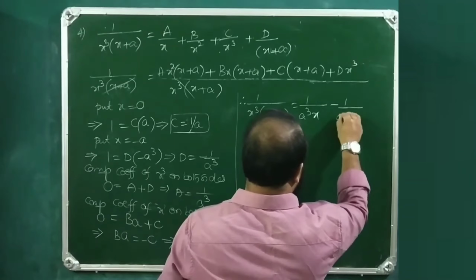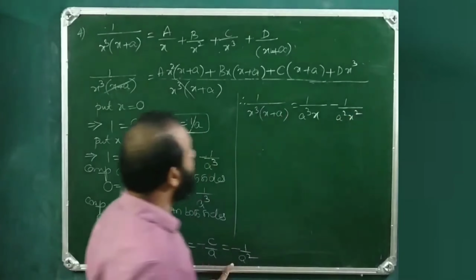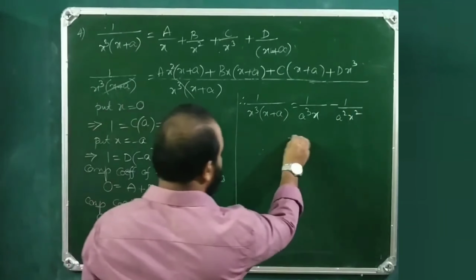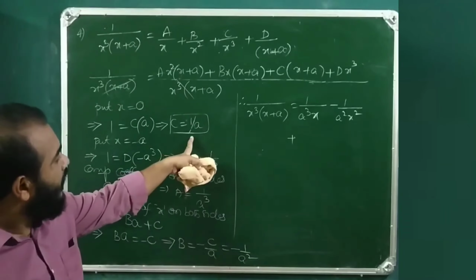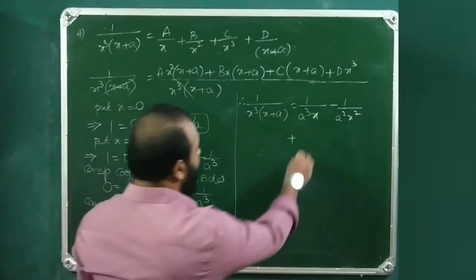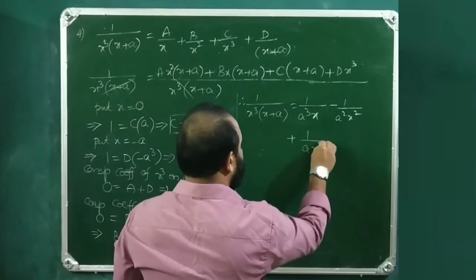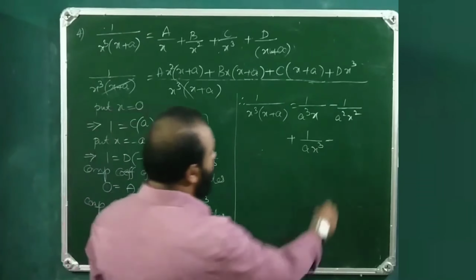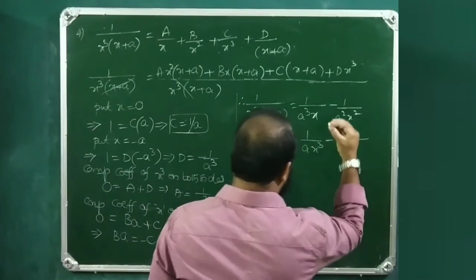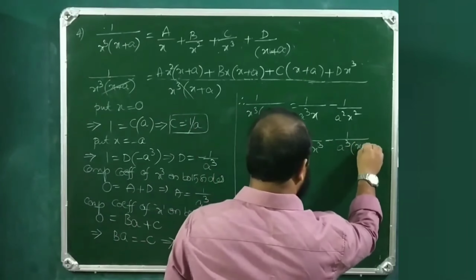So minus 1 by a square x square plus c value is 1 by a by x cube, 1 by a x cube. D value is minus 1 by a cube. So minus 1 by a cube into x plus a.